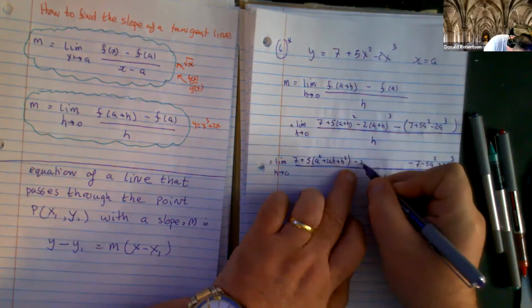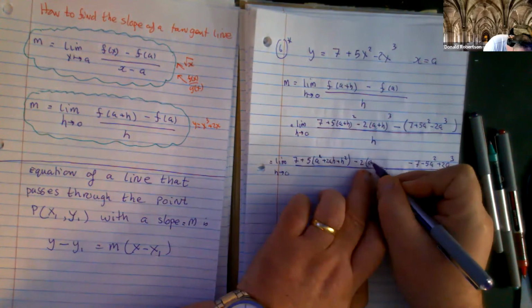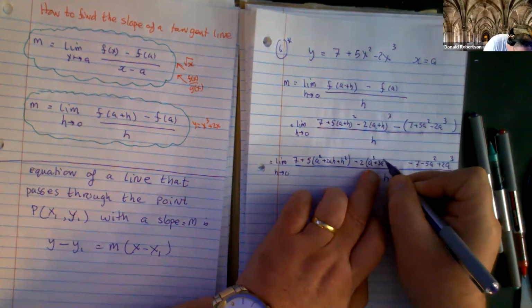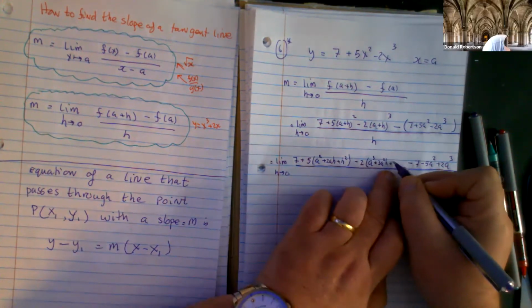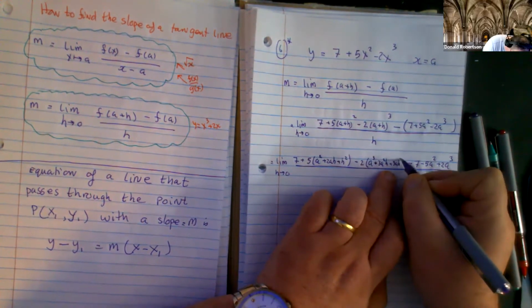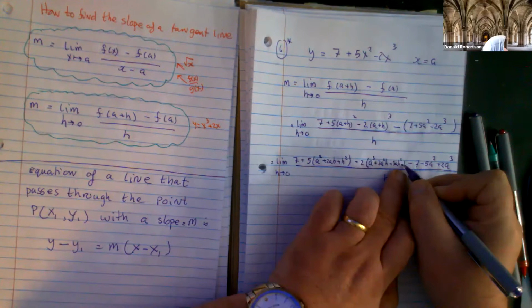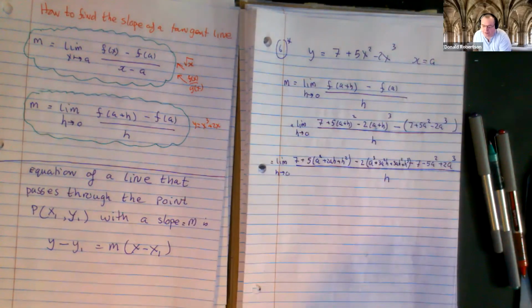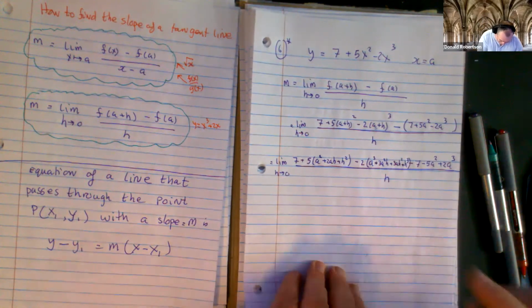A plus h cubed is going to get you an a cubed, 3a squared h, 3ah squared, and an h cubed. Now I know that because I've done enough a plus h cubes in my life. That's what you get.